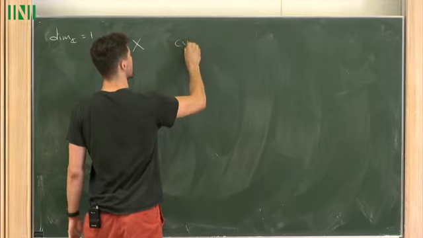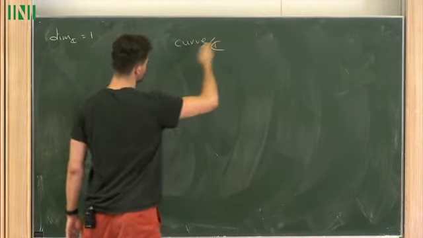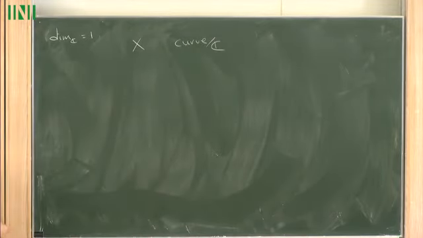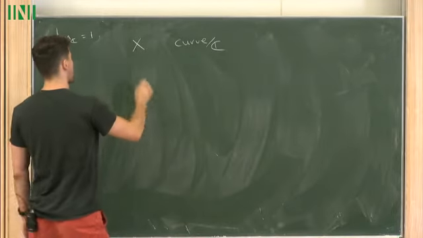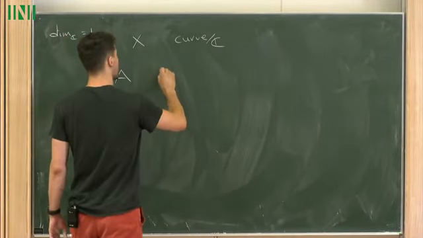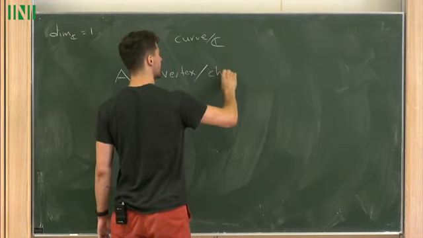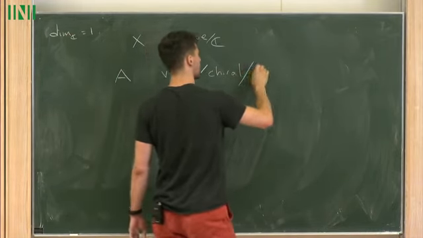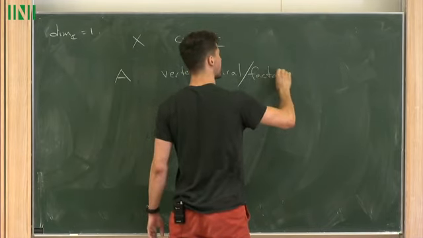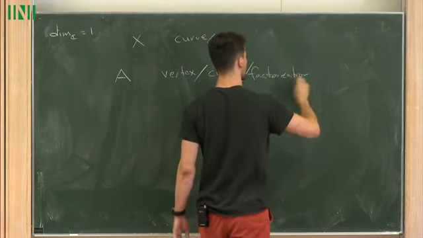So here X is a curve over C, let's say it's smooth. And now A, the sort of input which is allowed, could be a vertex or chiral algebra, or in the language of Beilinson and Drinfeld, a factorization algebra. These are the sorts of algebraic inputs which are allowed.